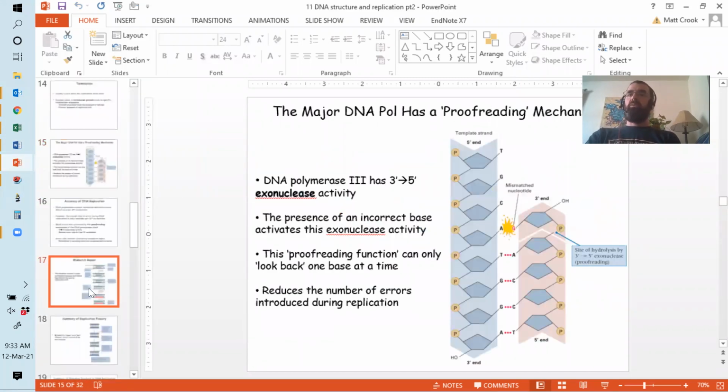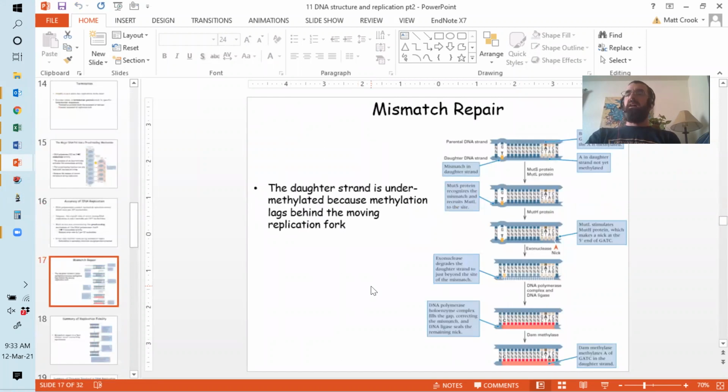Right, and so this is a very interesting part of this, is that this has to happen very fast after DNA replication has gone through, right? So again, the proofreading mechanism missed it for whatever reason, and we haven't yet finished the whole of DNA replication.